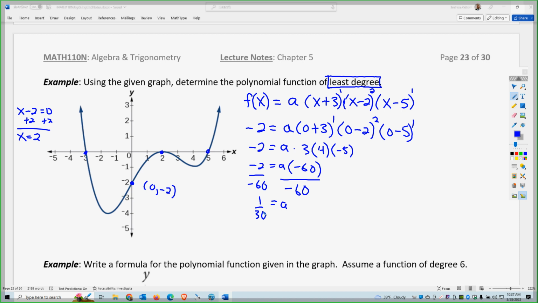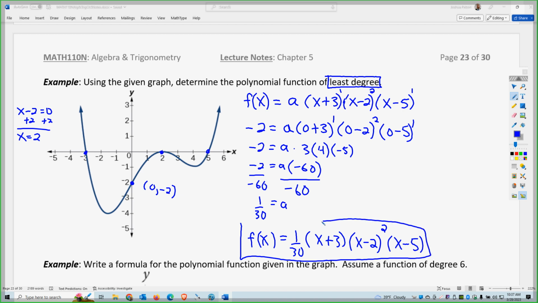So if I rewrite my function now, my function is 1/30th times x plus 3, x minus 2 squared, and x minus 5. So essentially, that's my function. And I can verify it to myself with end behavior.